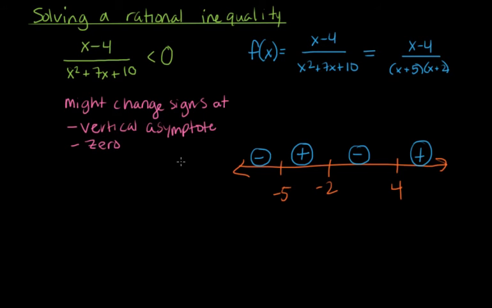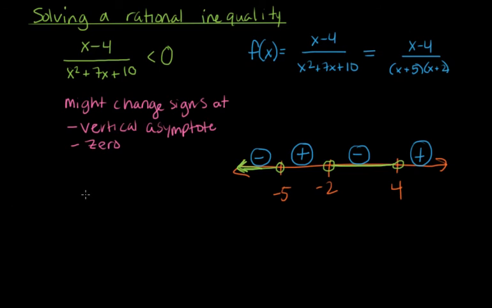So here are our points, and it's asking where it is less than 0. It is less than 0 anywhere where it's negative. So from here, and then also here, to here.